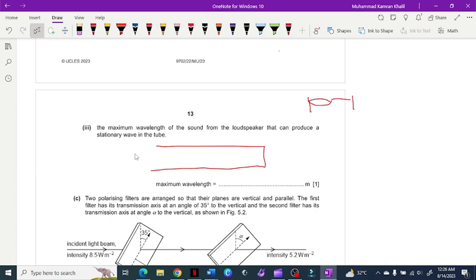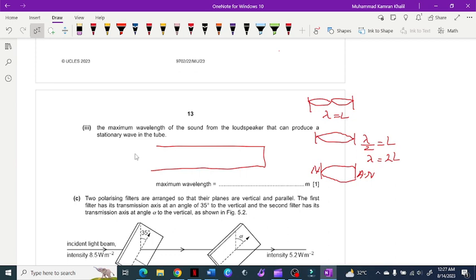Now for this length, lambda equal to L. Then for this one, lambda by 2 equal to L, so lambda is equal to 2L. And then for this, it is the 1/4 of the wavelength. So this is node and this is antinode.